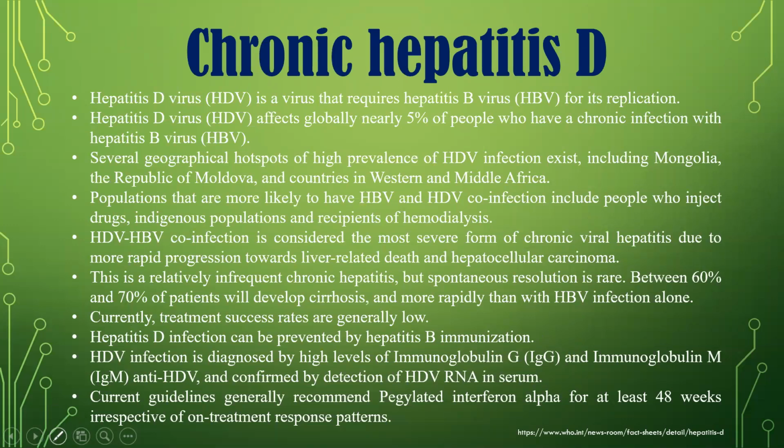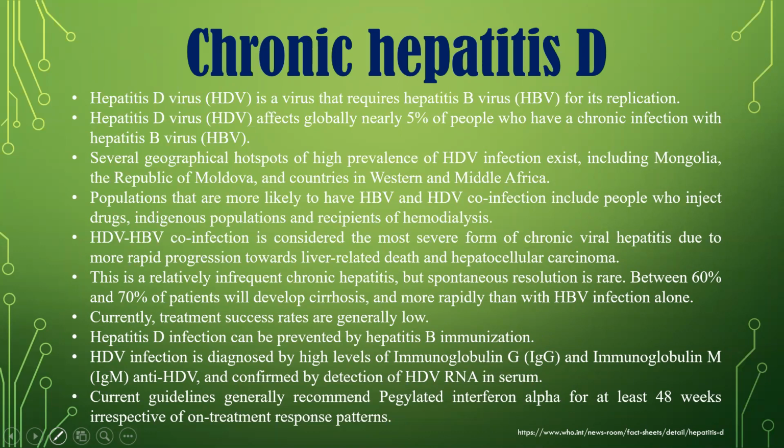This is a relatively infrequent chronic hepatitis, but spontaneous resolution is rare. Up to 60% of patients will develop cirrhosis, and more rapidly than if B infection is alone. Currently, treatment success rates are generally low.